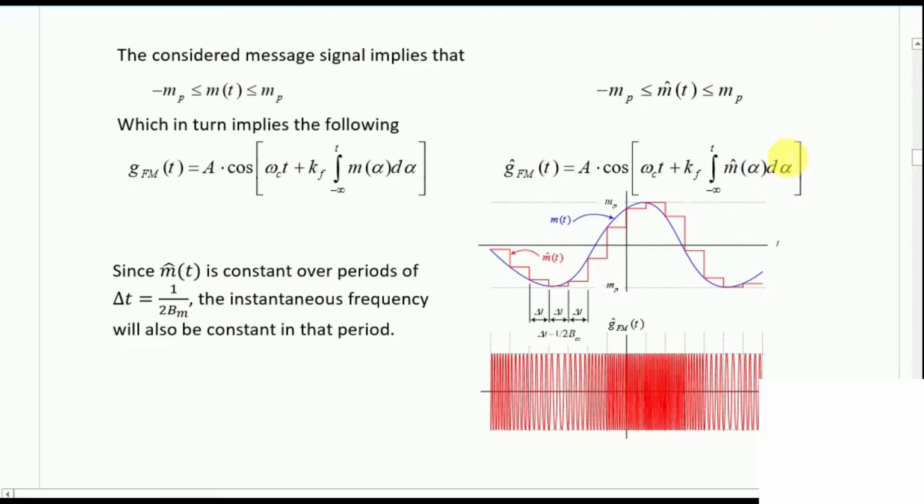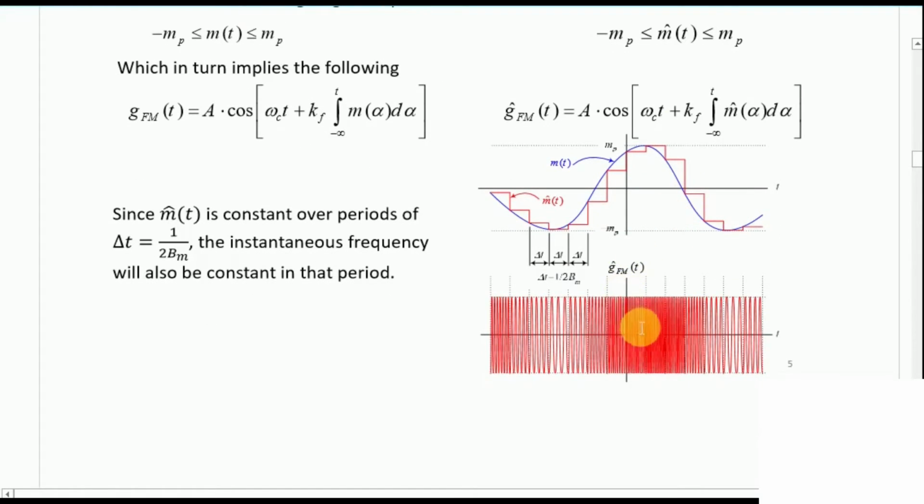So this whole thing, kf times a of t, would govern the change in the carrier frequency. So this change is basically expressed over here. We can write this as kf times a of t, but this a of t is consistent for a period of time.